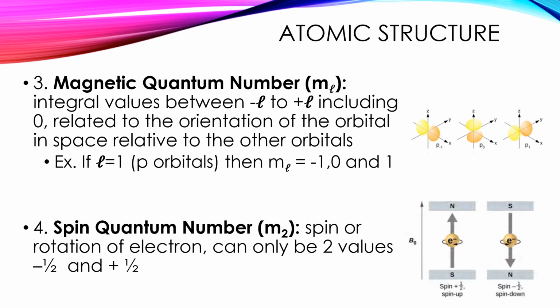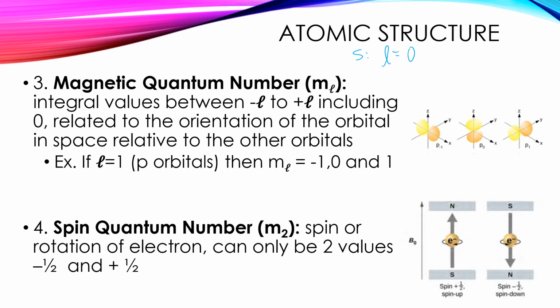Our third quantum number is the magnetic quantum number, which is represented by M sub L. The available numbers for that are the integral values between negative L to positive L, including 0. And this is just the orientation. So if you remember, our first L is 0, and that's for an S orbital.